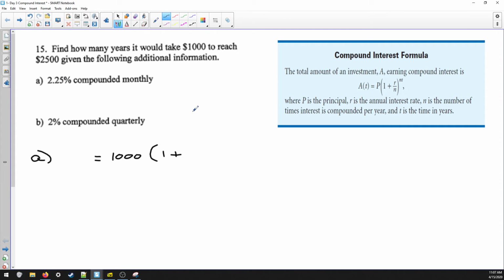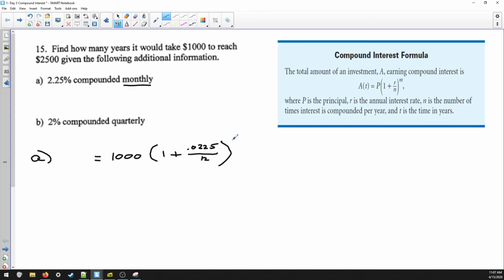We have to write that as a decimal, right? So 0.0225, okay, over, and then our N value, because it says monthly, right, and N represents the number of times it's compounded per year, monthly means that we're going to have a compounding 12 times, right, in a year. Okay, so that's 12, okay?